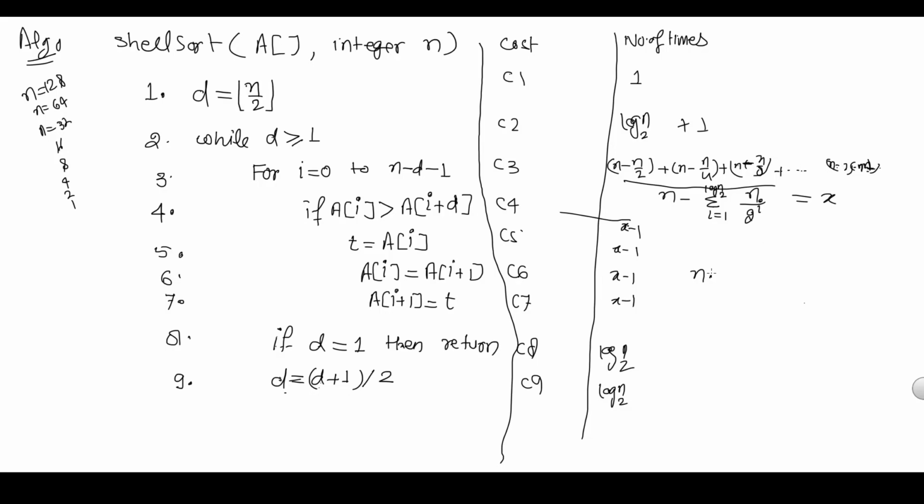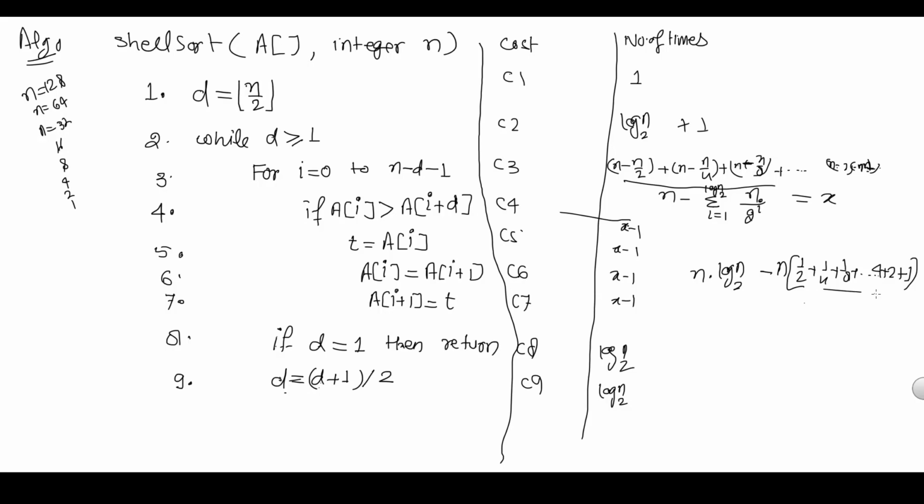So this n is multiplied by log n base 2 times, minus, taking n common from the second part, minus n times 1 by 2 plus 1 by 4 plus 1 by 8, and at last we will see that here 1 will come, here 2 will come, here 4 will come.